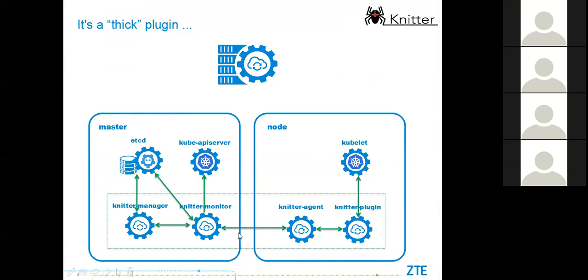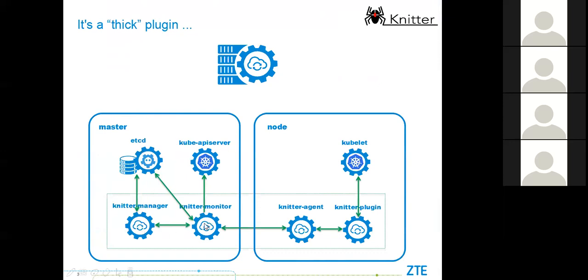This diagram shows how Netter components interact with each other and the Kubernetes components. The first component is Netter Manager. It manages tenants and networks. By the way, it doesn't use CRD to store network information currently. Netter Manager also allocates IP addresses to pods.